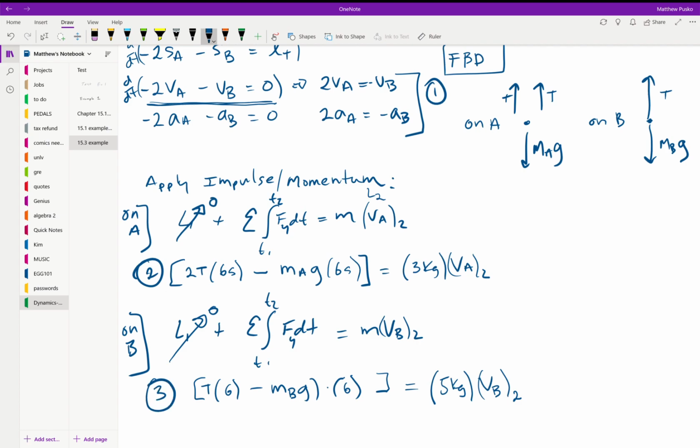Alright, looks like we have an unknown of the tension. Well, solve for T and set equal. That eliminates the tension.